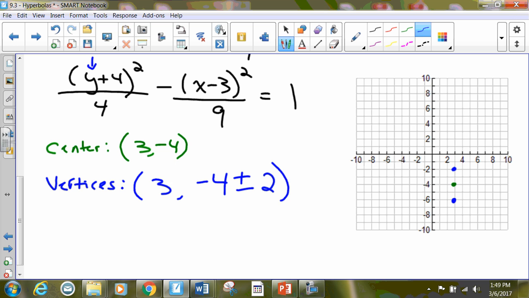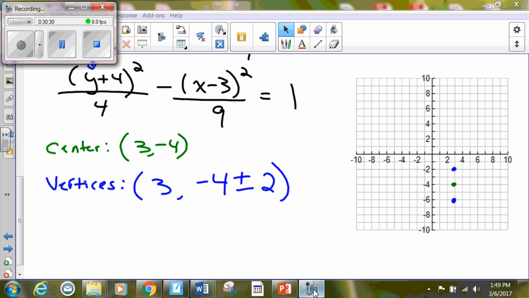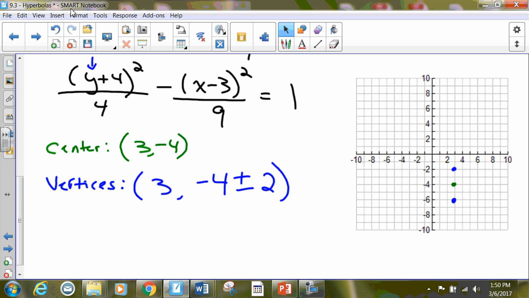Okay, do I need to stop for questions? Almost hit the deadly button. Okay, so now we need to find the box. And our b is 3. So that means we'll go 3 to the right, 1, 2, 3. 3 to the left, 1, 2, 3. Does it ask us to identify the box points?